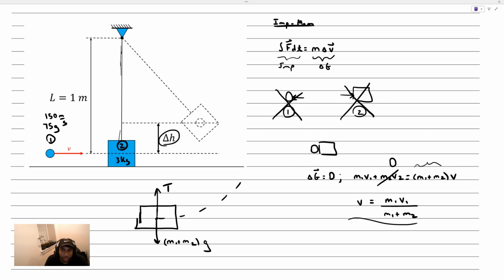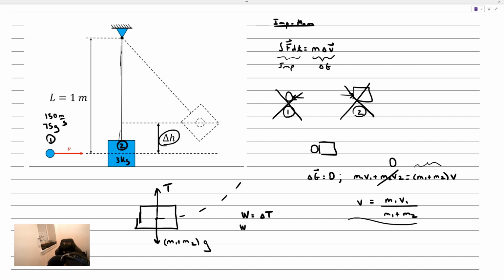If you ever see a pendulum, most likely you're going to be using work-energy, which is super useful. The work-energy principle says that the work done by both conservative and non-conservative forces is equal to the change in the kinetic energy of the entire system. That work term can be broken into conservative and non-conservative forces.